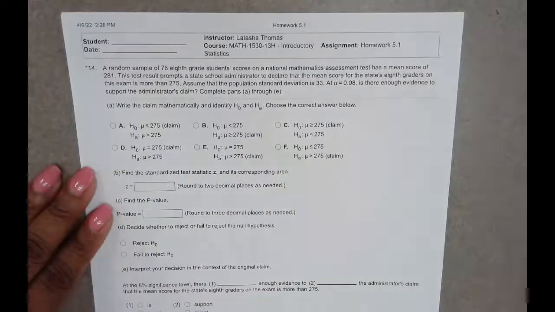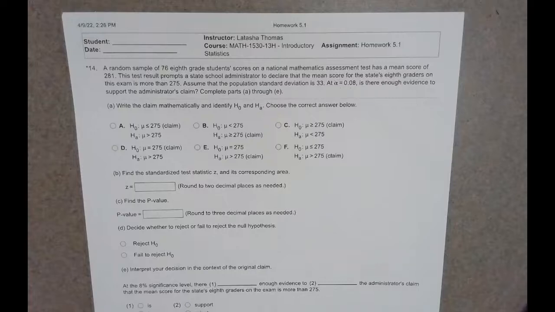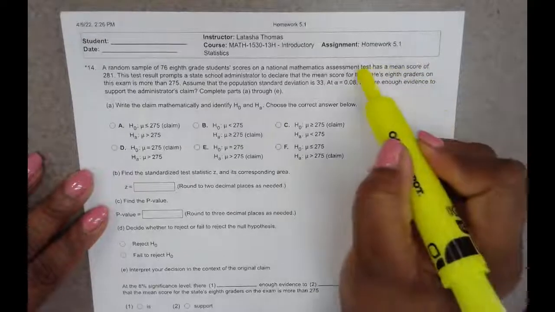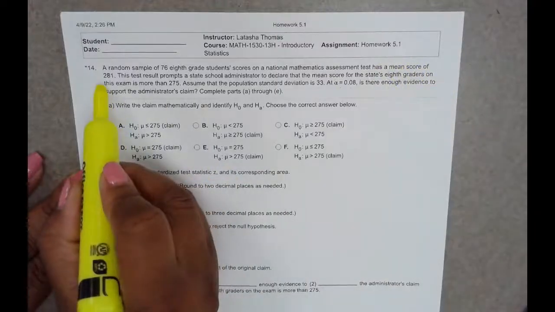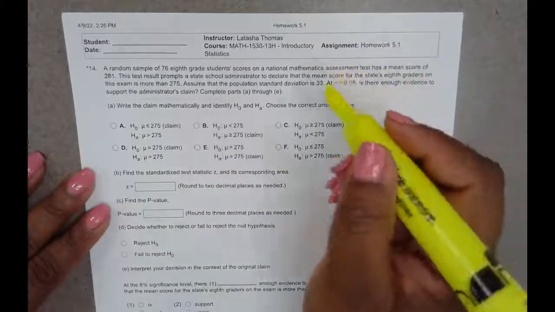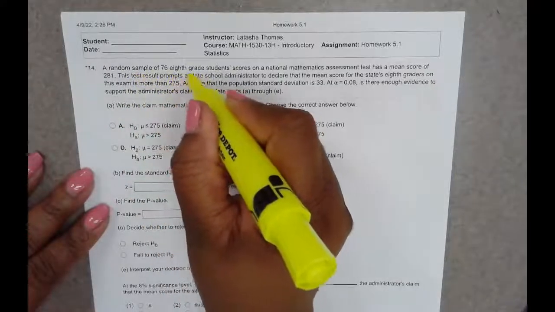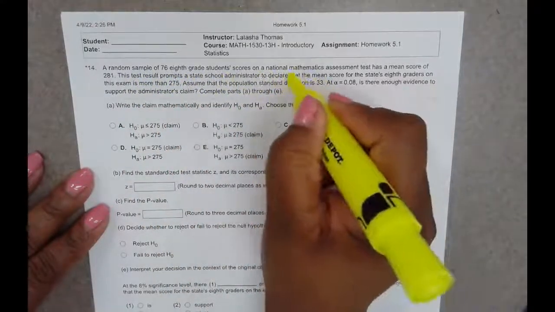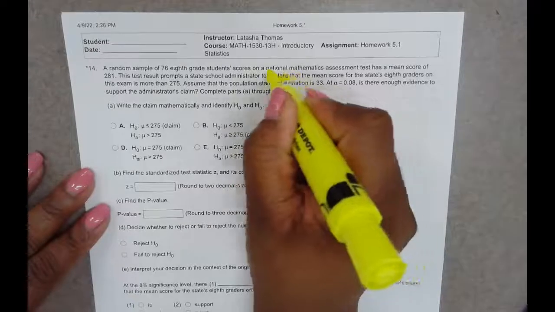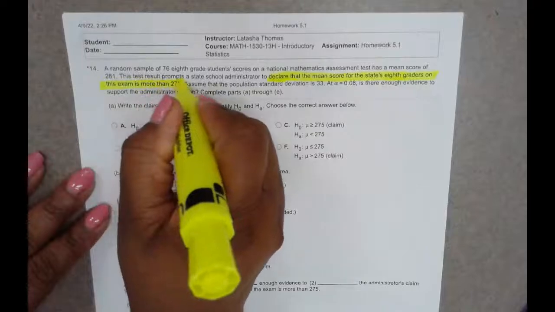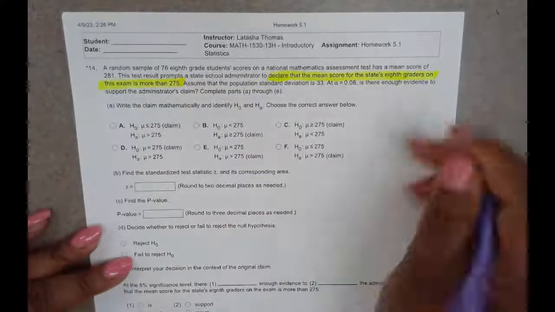So the first thing we need to do is find the claim and then write our hypothesis statement. Be careful, because you would think that the claim lives here and that the mean is 281. The claim actually lives here, where the results prompt a state school administrator to declare that the mean of the eighth graders on this exam is more than 275.